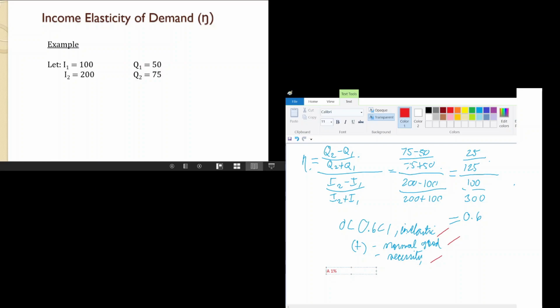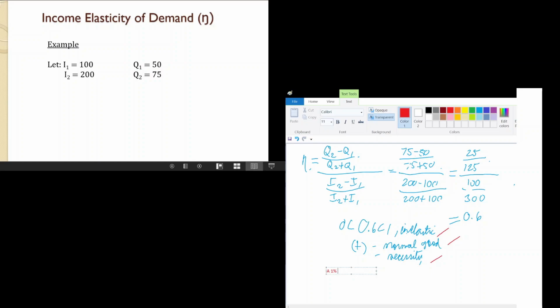So remember din dito sa interpretation natin, una nating binabanggit yung nasa baba. Always remember we are looking at the percentage change in Q given a percentage change in the different factors. So, laging nahuhuli sa interpretation yung Q natin. Either quantity demanded or demand.